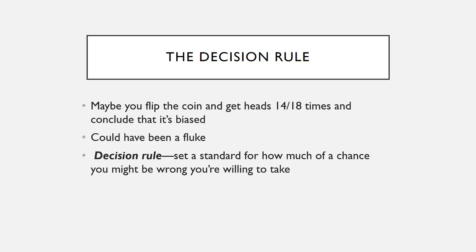You're going to want to keep this percentage pretty low. You don't want to run too much of a risk that you'll be calling a fluky result legitimate. So you're going to want to be thoughtful about where you set this decision rule, because this is essentially your margin for error, of just how much of a chance you're willing to take that you make a mistake.